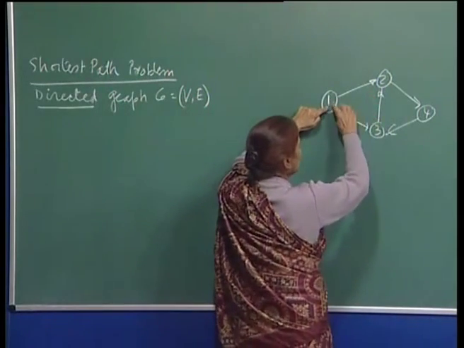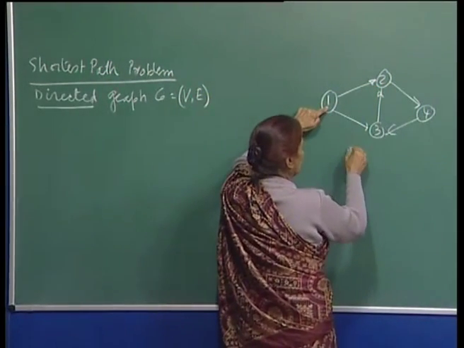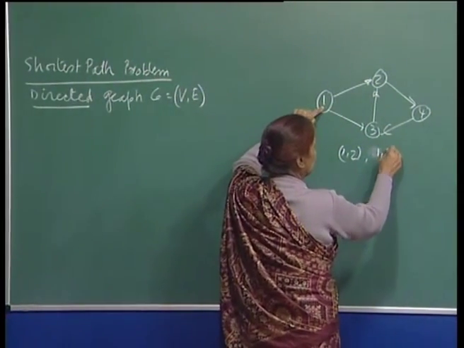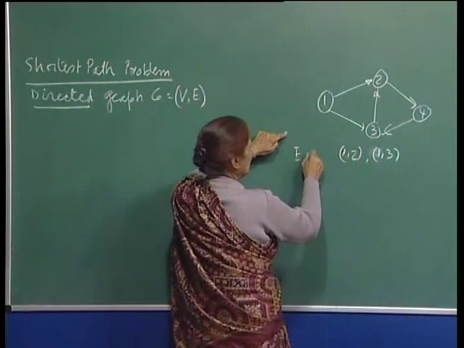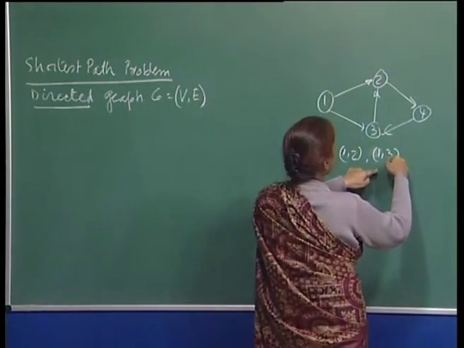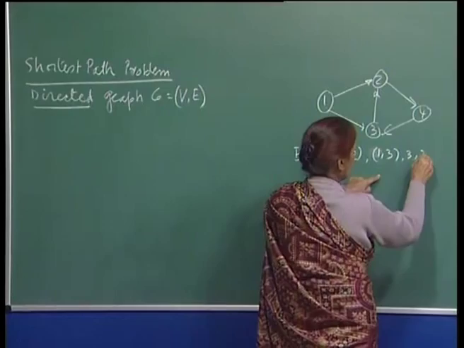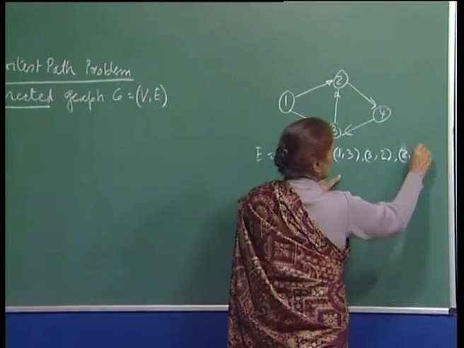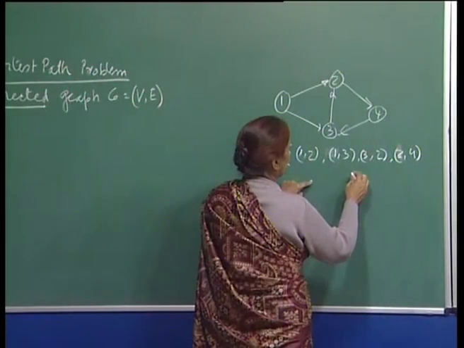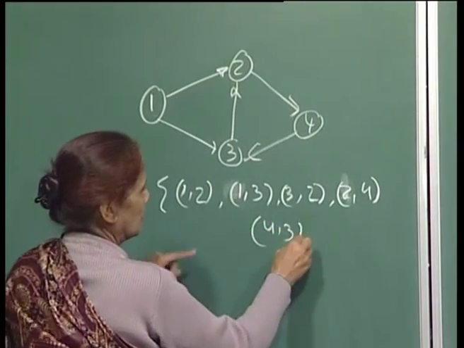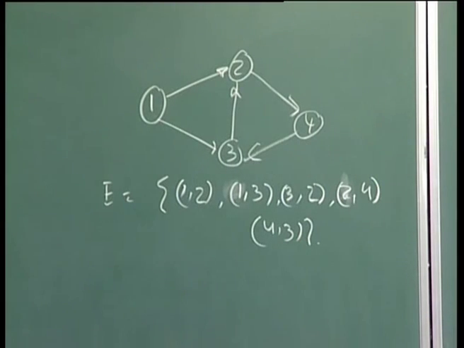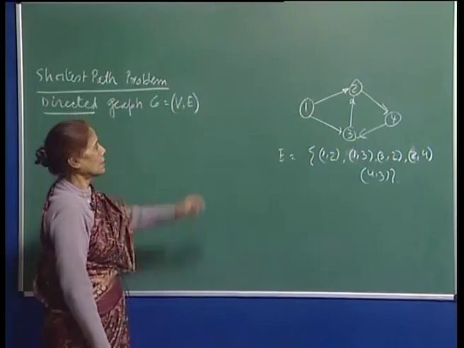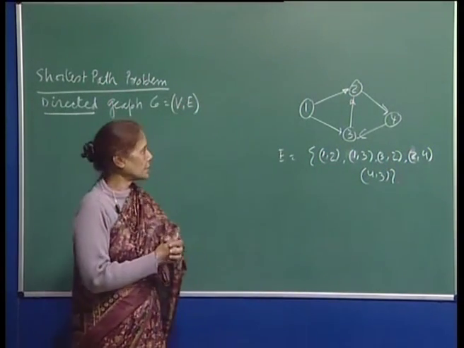So, this edge I will write as 1, 2, and similarly you have the edges 1, 3. So, your E consists of (1, 2), (1, 3), then you have (3, 2), then you have (2, 4), and you have (4, 3). So, this is your set E. Therefore, a graph would be denoted as a given set of nodes and a given set of edges or arcs connecting the nodes.